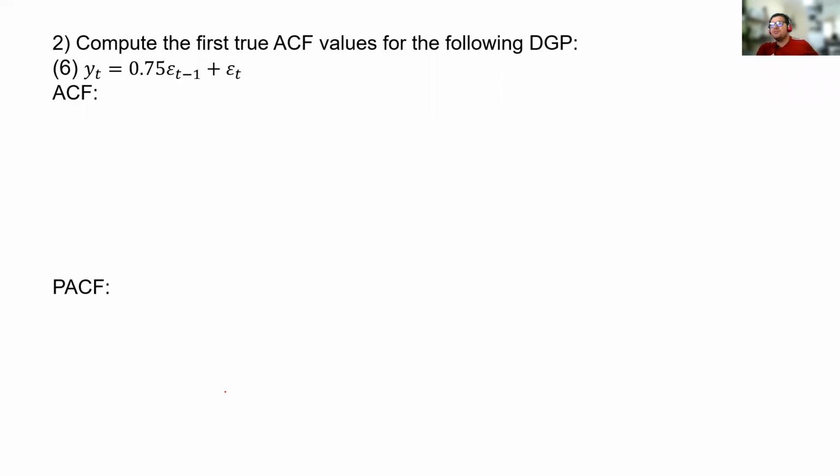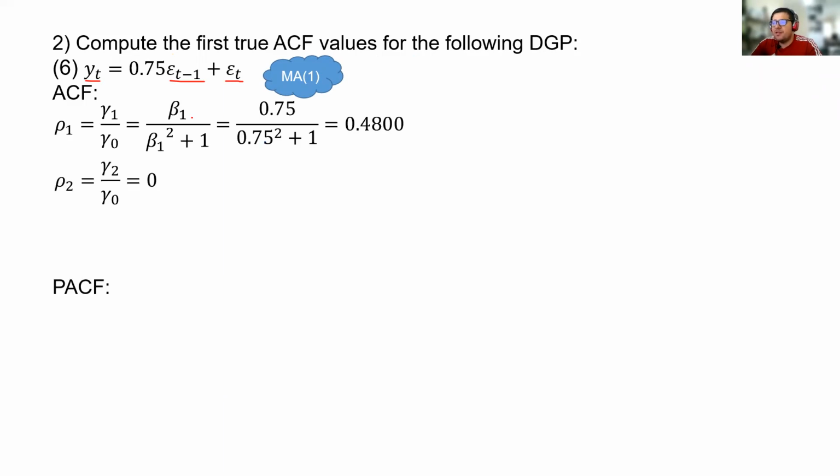The next data generating process is an MA1, right? Yt explained by a lag of the error and the contemporaneous error. So let's see how the pattern looks. You guys remember from the ACF, it starts at row 1, and then it will just go straight to zeros.